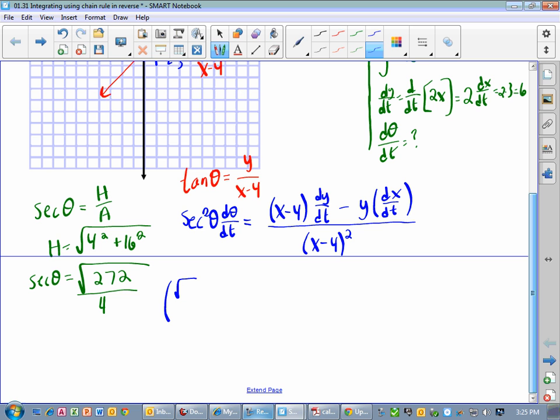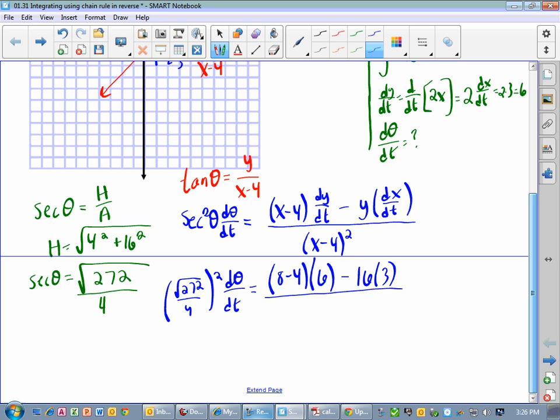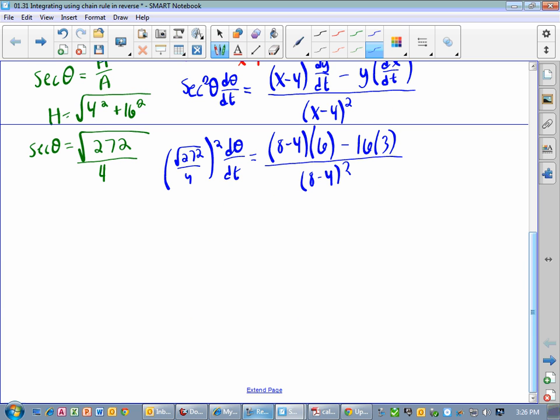Right? So we can square this. So we have the square root of 272 over 4 squared d theta dt equals, what was x? So 8 minus 4, dy dt was 6, minus y was 16, and dx dt was 3, over 8 minus 4 squared. So I keep this in exact form because, notice, we're going to square it right away anyway. All right, so when I square a square root, it goes away.